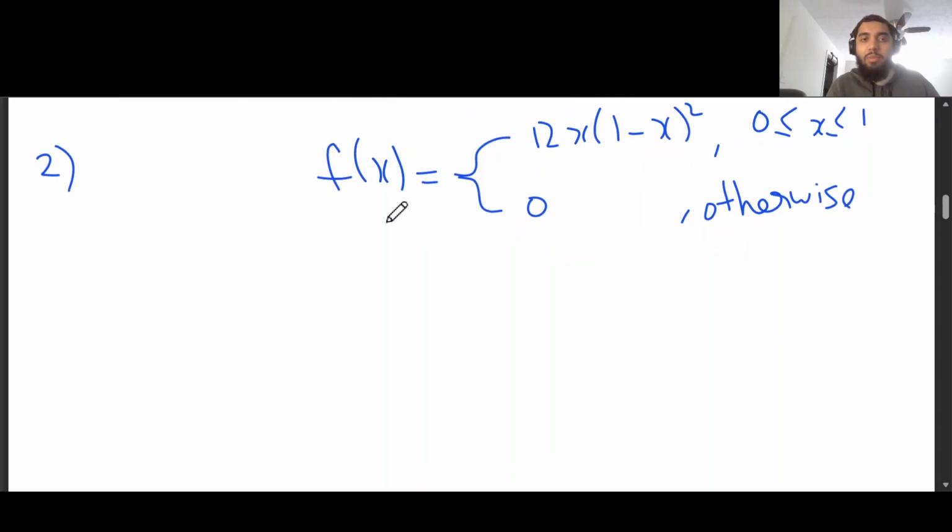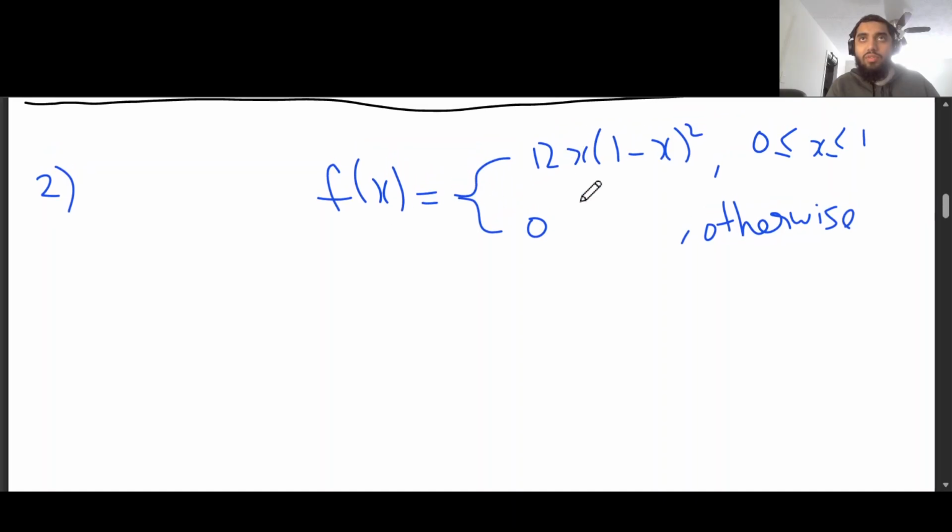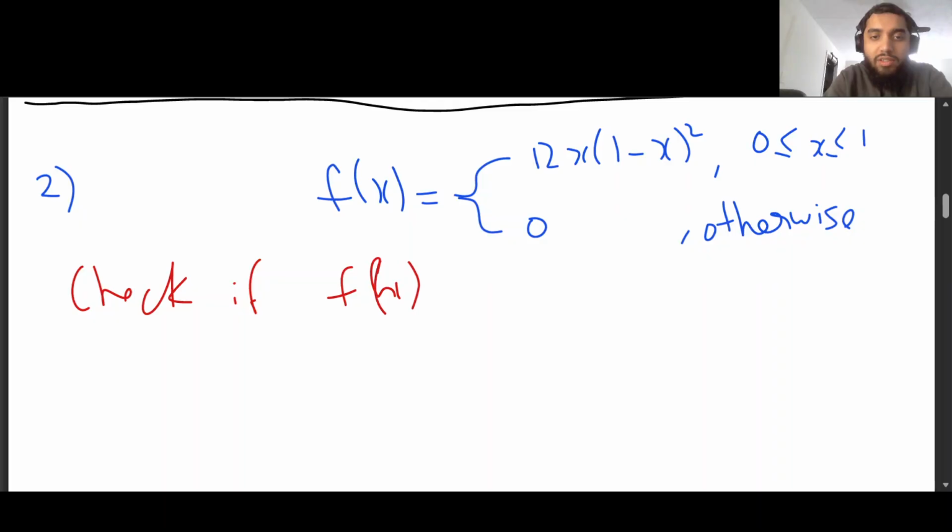So here we have a probability density function f of x, whose value is 12x times (1 minus x) whole squared when x is between 0 and 1, and 0 otherwise. The first thing you would probably want to do is check if f of x is valid.